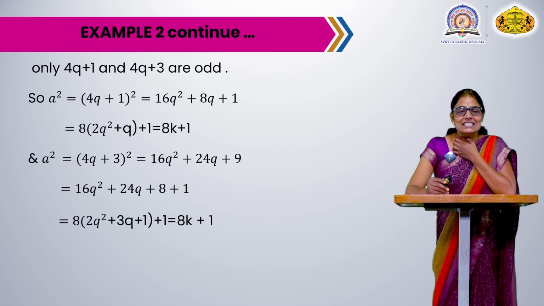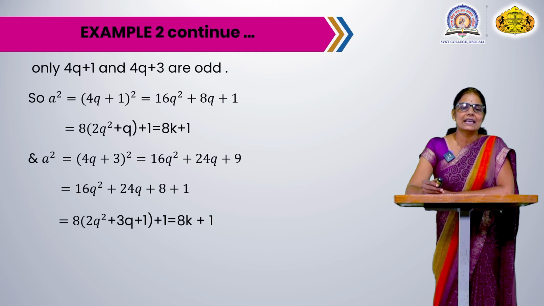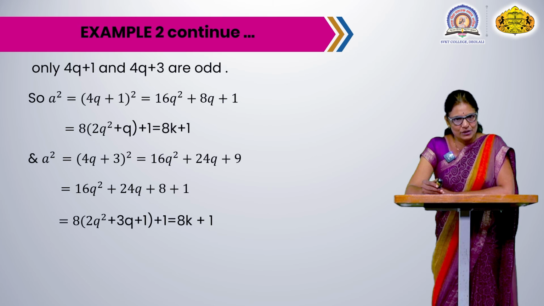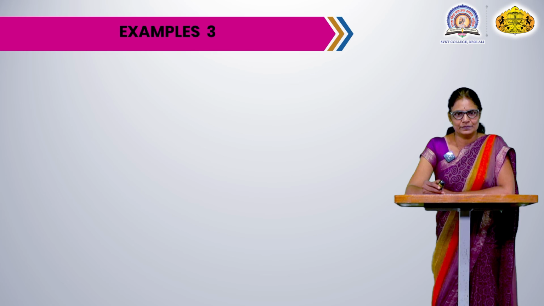So again a square can be written in the form of 8k plus 1, and k, which is 2q square plus 3q plus 1, is an integer because q is an integer. So here also we can easily prove that the square of any odd integer can be written in the form of 8k plus 1 by using the division algorithm.